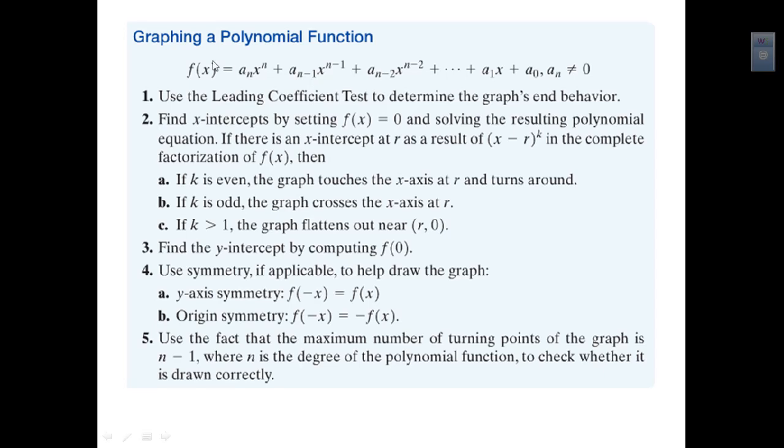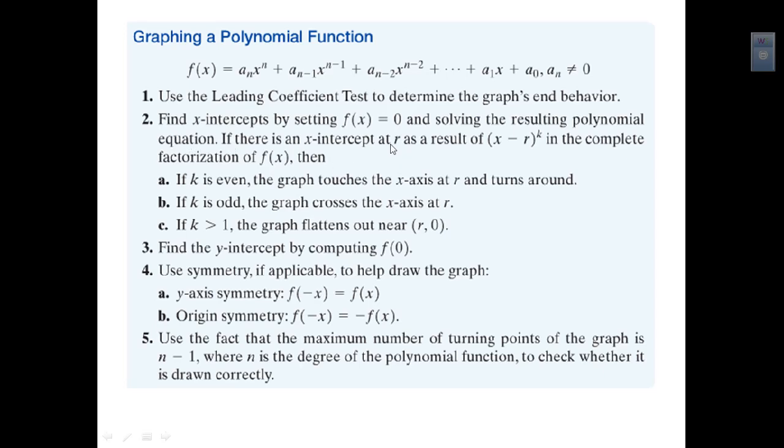Alright, so to graph a polynomial function, yes, we will be graphing these, we're going to use the leading coefficient test to determine the graph's end behavior. We're going to find x-intercepts by setting f of x equal to 0 and solving the resulting polynomial equation.